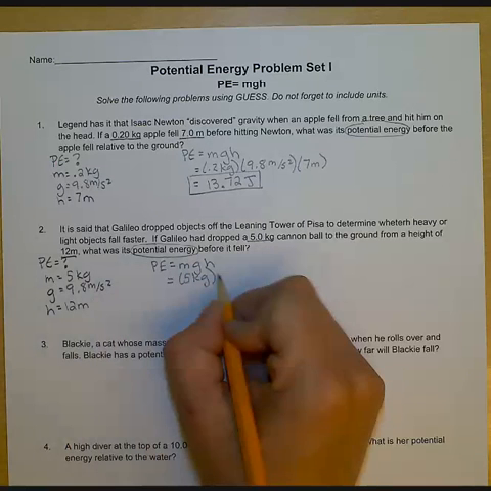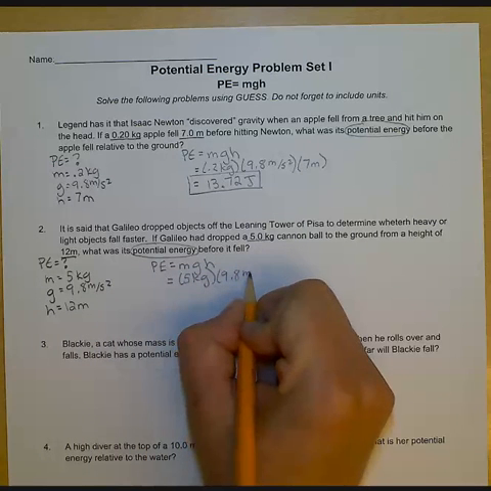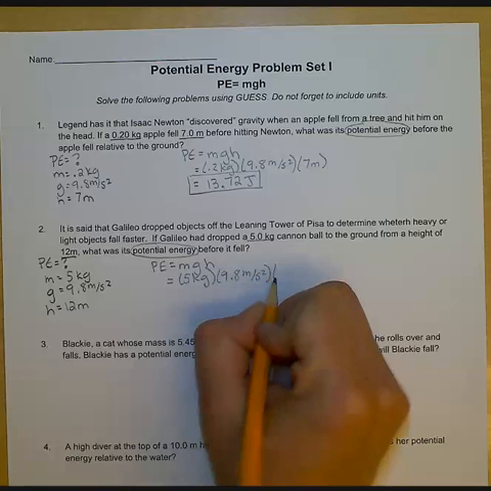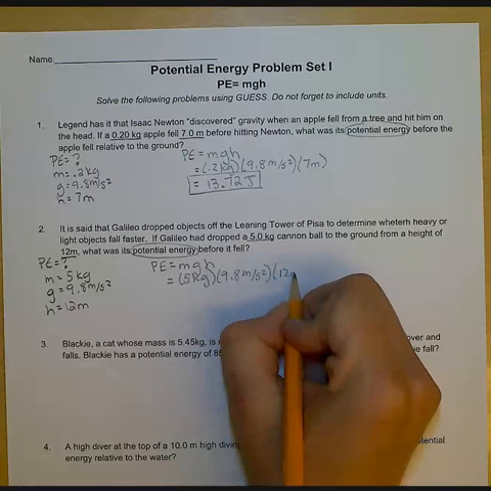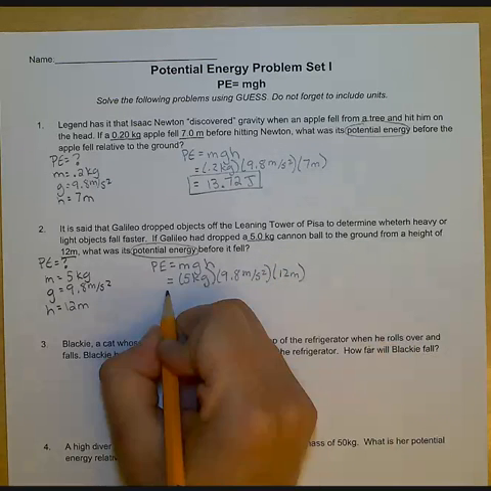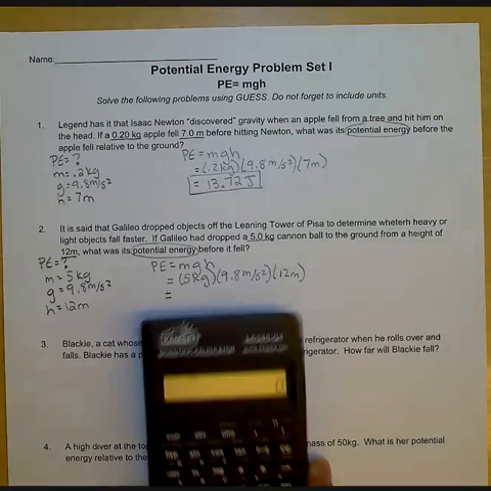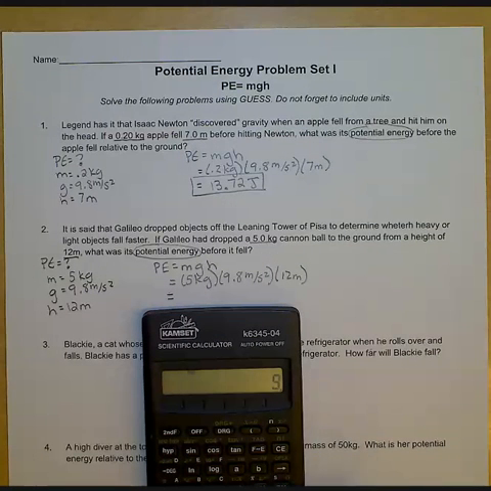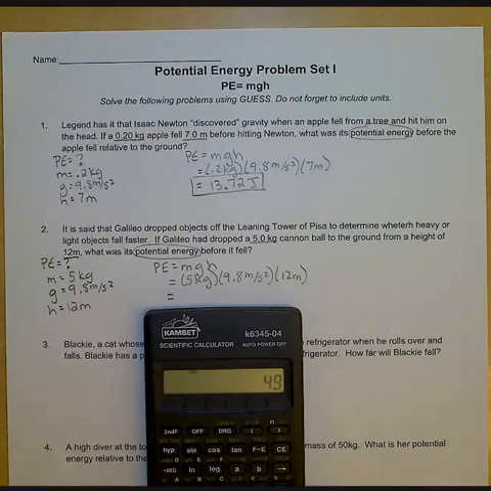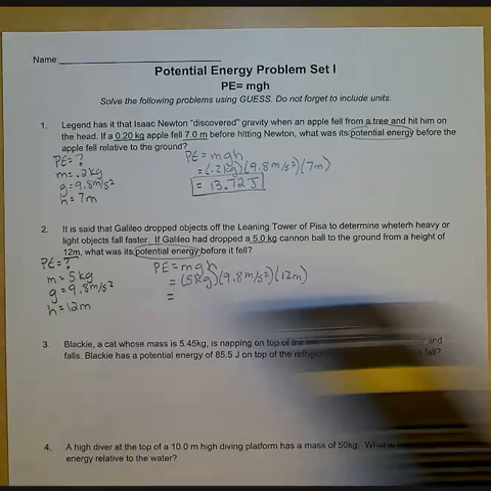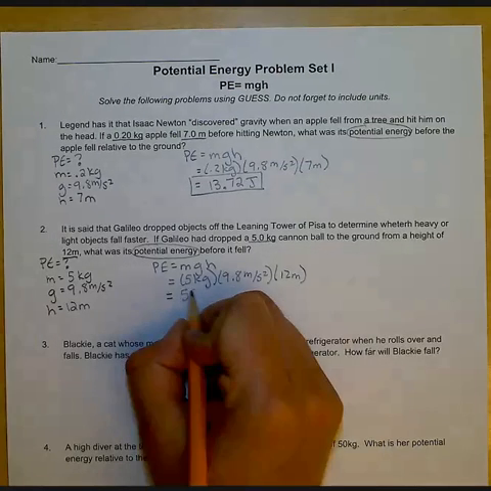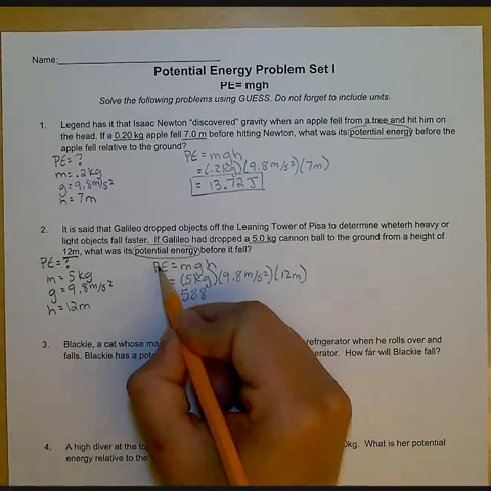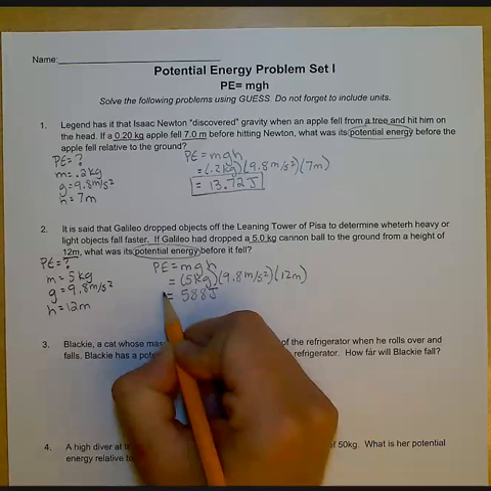Gravity, 9.8 meters per second squared. Height, 12 meters. Now I can plug those into my calculator. 5 times 9.8 times 12. It's going to give me 588. And of course, it's joules because we're talking about energy.